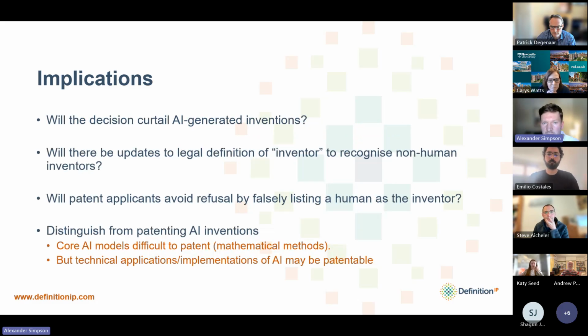So, final points, other implications. The Supreme Court was quite clear that the current UK law doesn't allow this, and as we've seen, lots of other countries have found the same thing. The current patent law has been written to recognise and protect human inventions, and the Supreme Court was keen to point out that if this was to change, it was up to Parliament to change the law, rather than for the Supreme Court to stretch the definition of person or inventor.